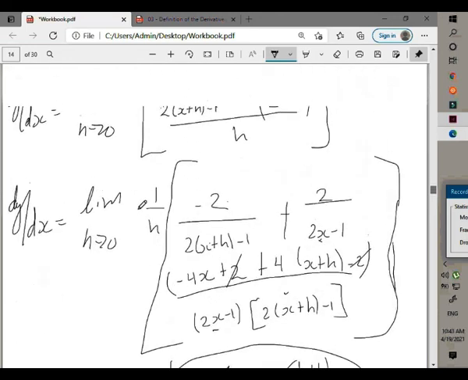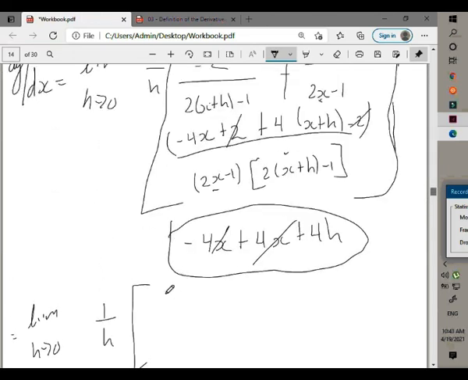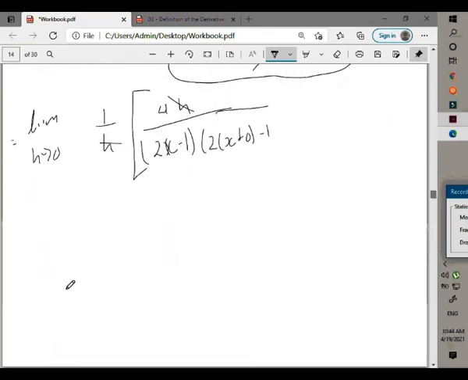Remember, out front we have the 1 over h. 1 over h of 4h, all being divided by, I'm going to choose to substitute now, so I'm going to have 2 open bracket 2x minus 1 bracket of 2x plus 0 minus 1. So this h is going to tell this h it's time for us to leave.